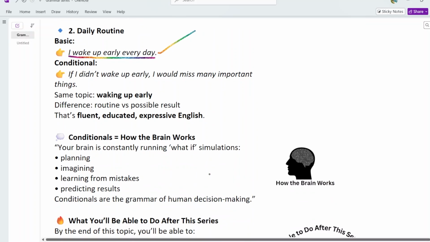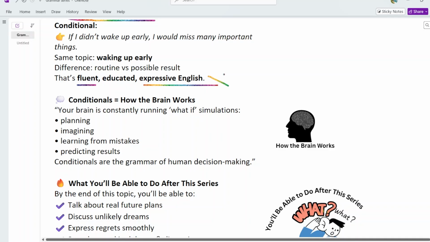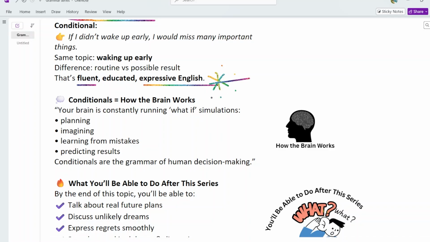Okay, so here I want to add an extra important and vital point: this particular grammar tool helps you to become fluent and expressive in English. That is something really important. It expresses your thoughts very clearly, and your listener is not confused. All right. So that is the whole idea about using conditionals in your daily life.